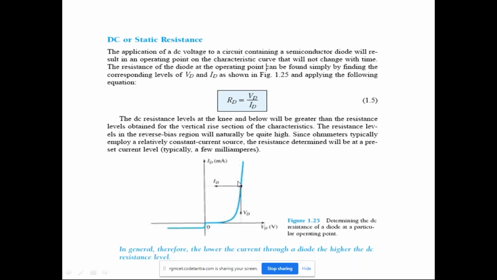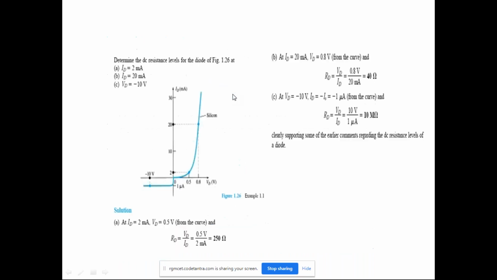Once it is fixed, we can easily find the diode resistance Rd is equal to Vd by I. Simply project on the x-axis and y-axis. What is the voltage? X-axis voltage. Similarly, the y-axis gives the current at that particular point. Like that we find the DC resistance. This DC resistance is also called static resistance.